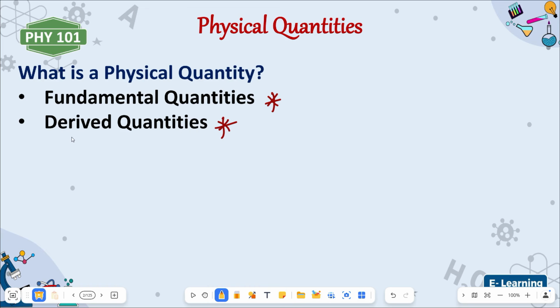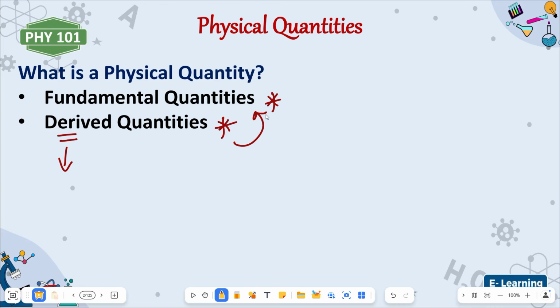Now, as the name implies, derived quantity. I believe all of you read stories in the Bible where Moses was drawn out of water. The name Moses was derived from water. That means it was gotten from water. Same thing is applicable here. When we talk about derived quantity, my dear students, we are talking about quantities that are gotten from the fundamental quantity.